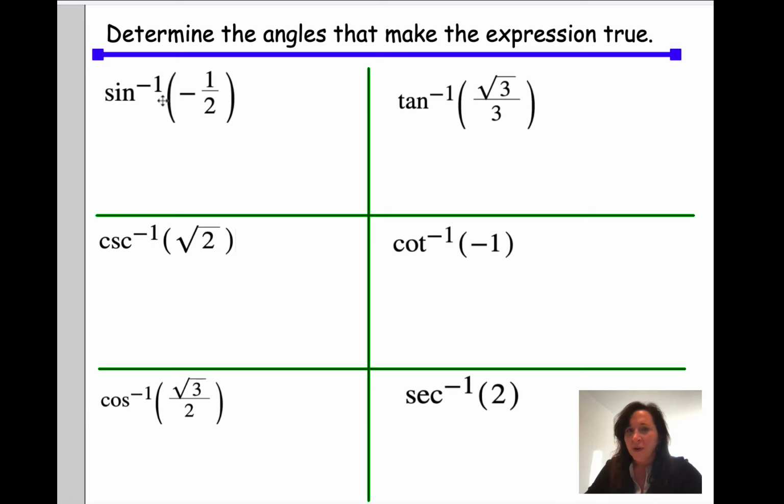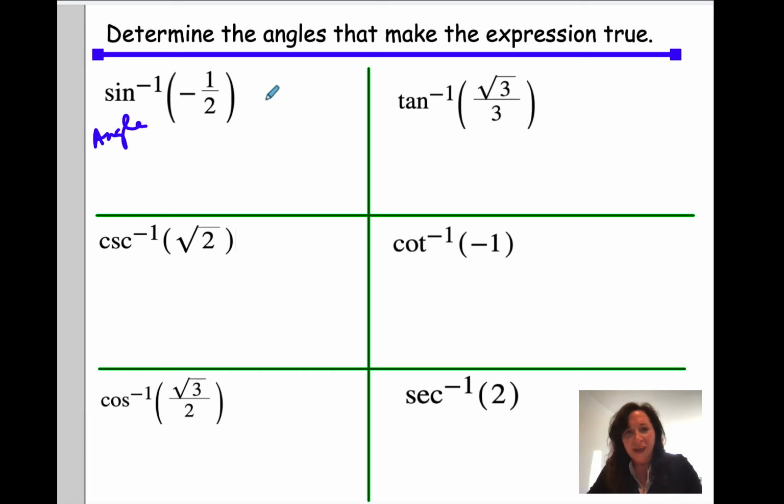So what they're asking you is where is. When it says sine to the -1, we actually say arc sine. So that's saying where. Where means what's the angle. They're looking for an angle where sine is -1/2.